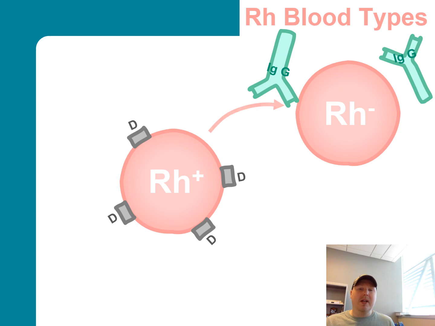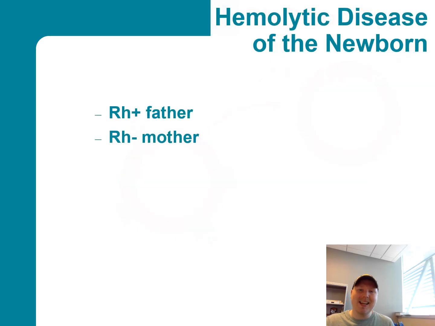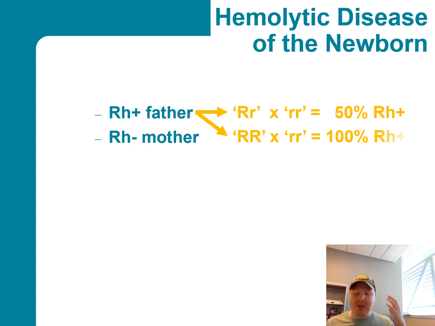So these rhesus factor antibodies, IgGs in this case, will only be produced by a recipient who is rhesus negative and who is exposed to rhesus positive blood. In a sense, that is the physiology that we're talking about here. Now, let's think of a situation where there is a rhesus positive father and a rhesus negative mother.